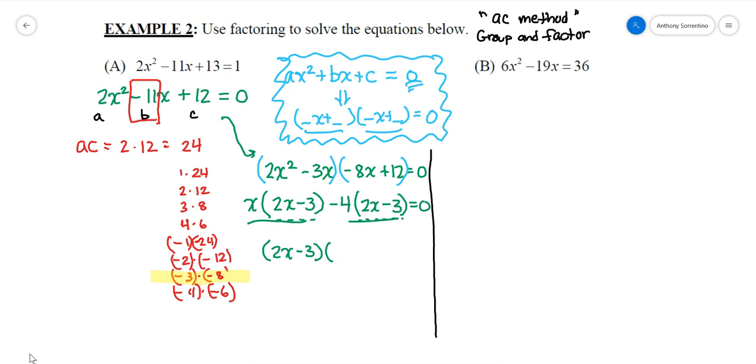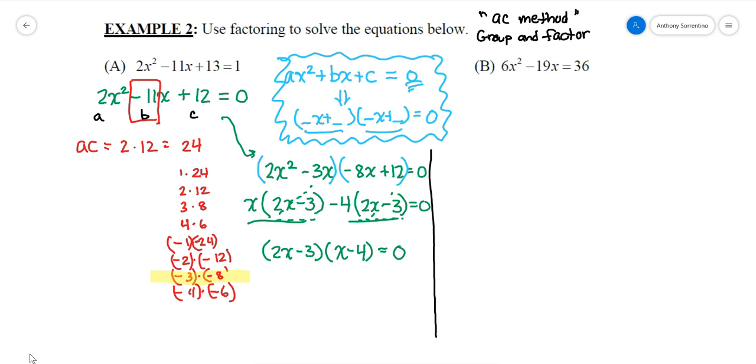And what I'm left with is, of course, once I factor this out, I'm left with the x, I'm left with the minus 4, and now it's factored. So that's the factoring process. The left-hand side is now factored. So I've now been able to rewrite 2x squared minus 11x plus 12 as the multiplication of 2 binomial quantities.